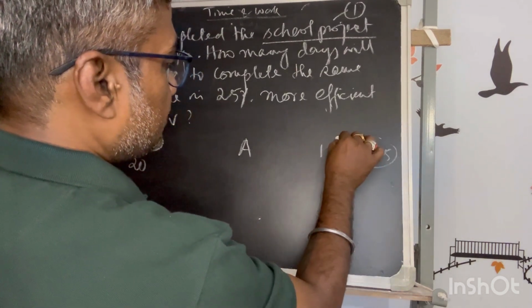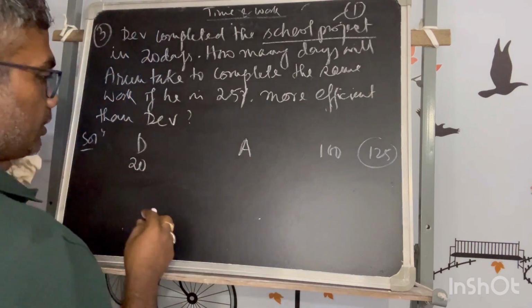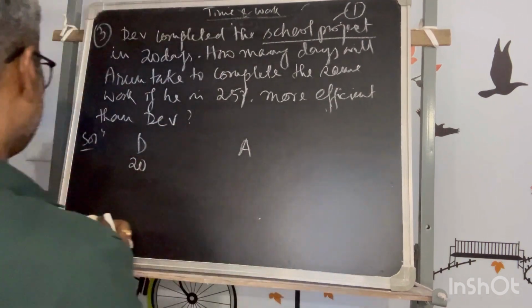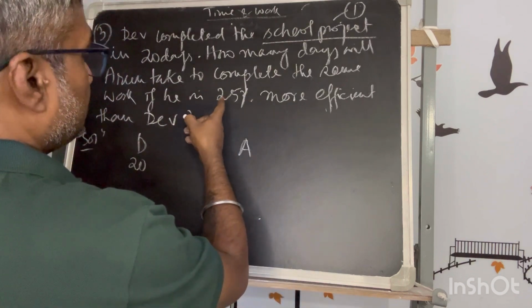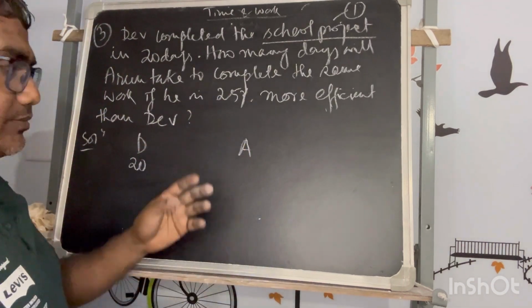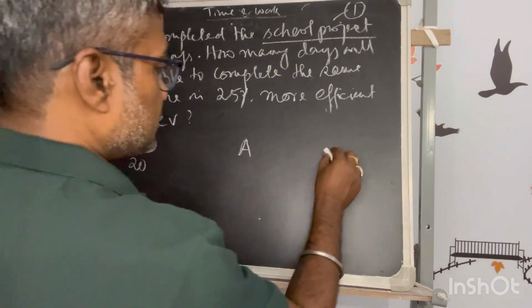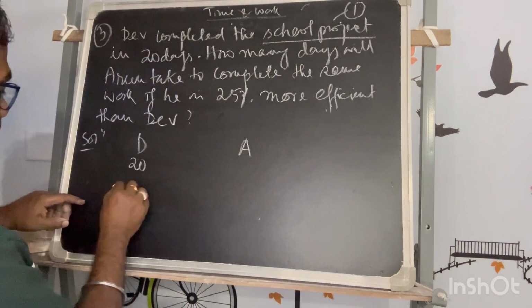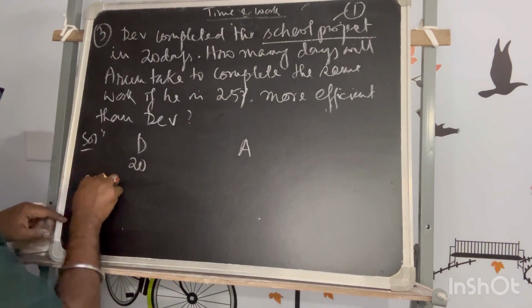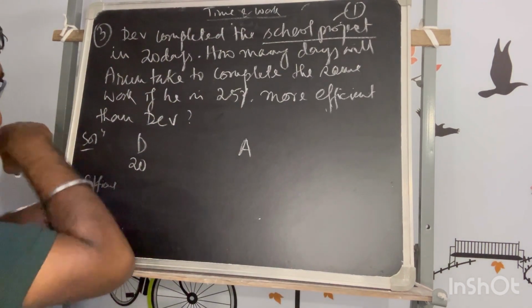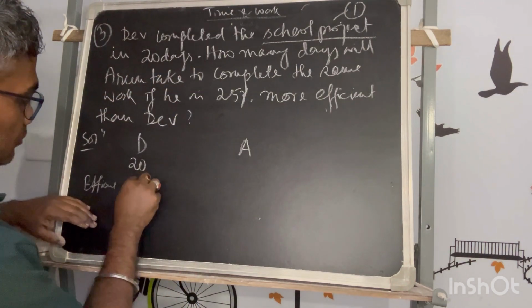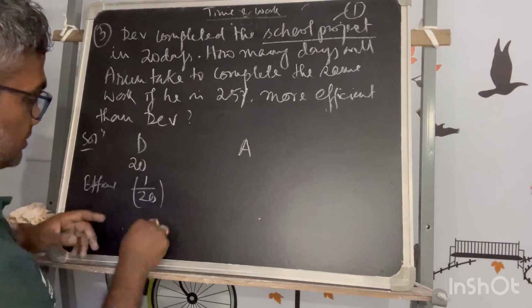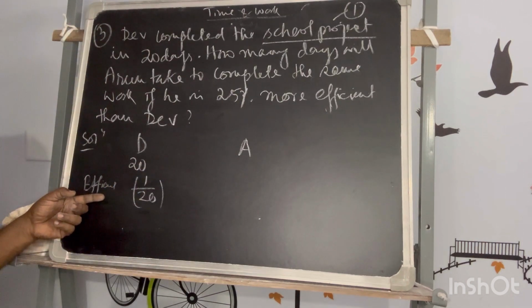If Arun is 25% more efficient, he can do the work in less time. Now we will talk about efficiency. We will consider the rate of work, because rate of work is the same as efficiency: 1/20. This is Dev's rate of work or efficiency.